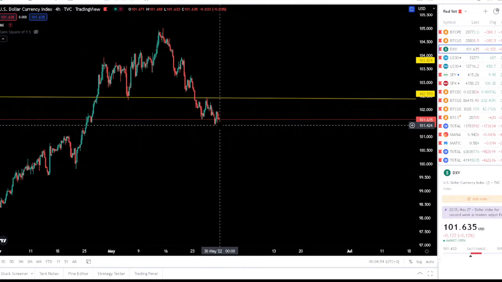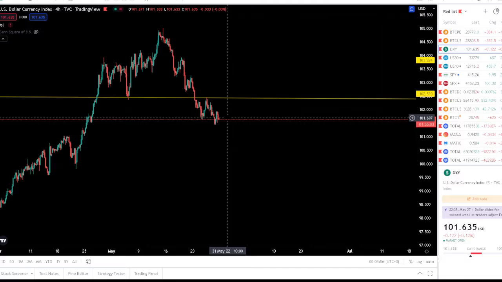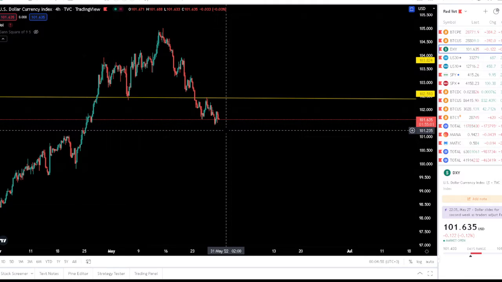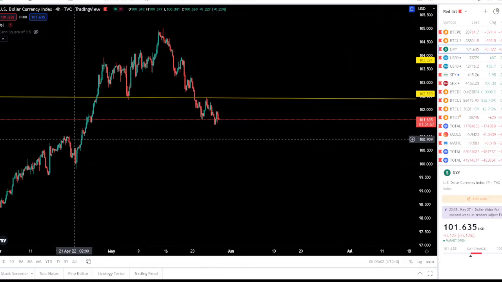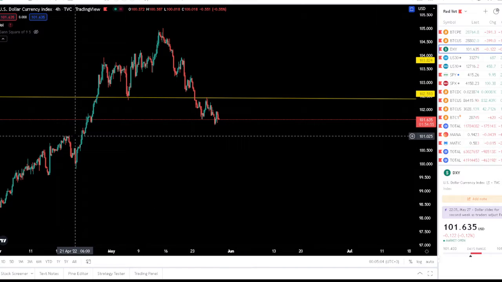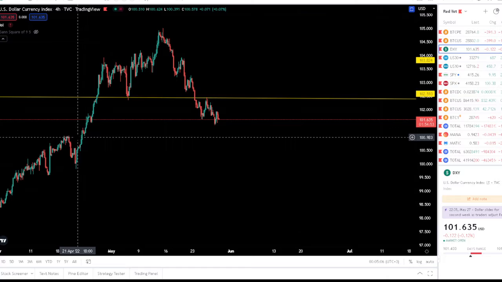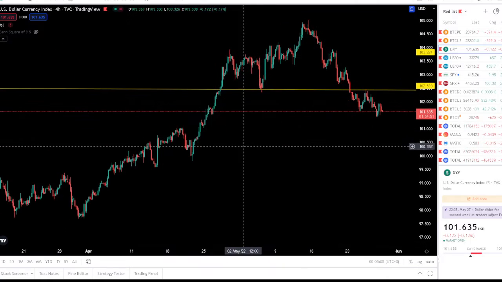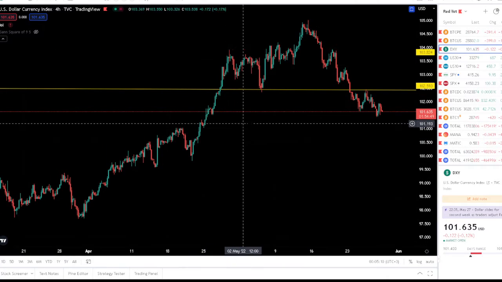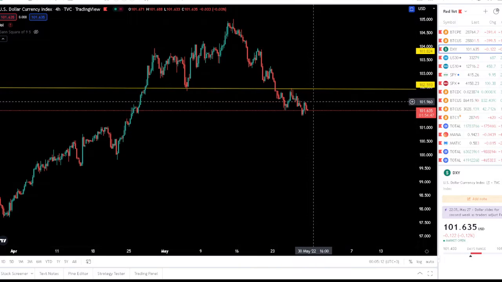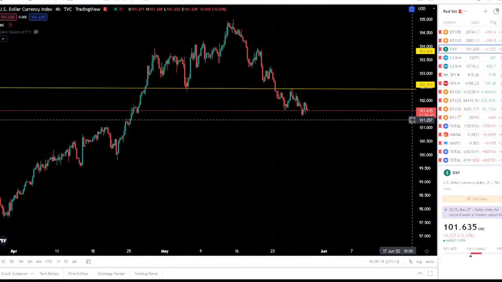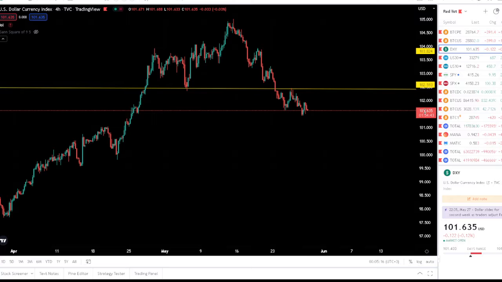DXY can come all the way to 101.235, or it could even test this again, the 101.025, and then continue higher. That's it. As long as the DXY is going down, Bitcoin should by principle be going up.